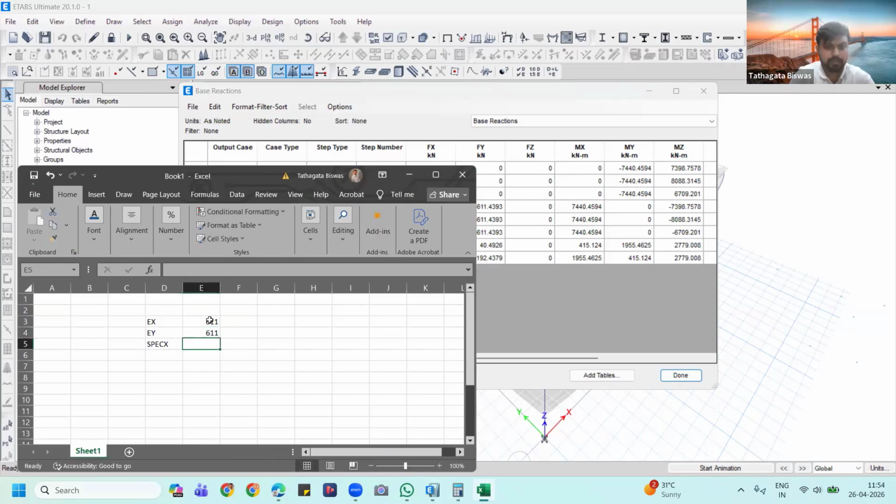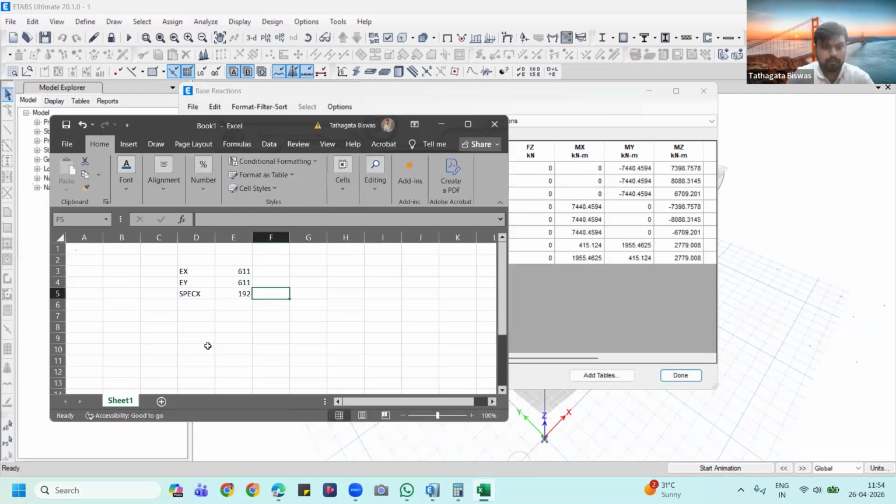Spec X is how much? 190. Spec Y is how much? 192. Now EX divided by Spec X, in brackets, multiplied by 9806. Why 9806?